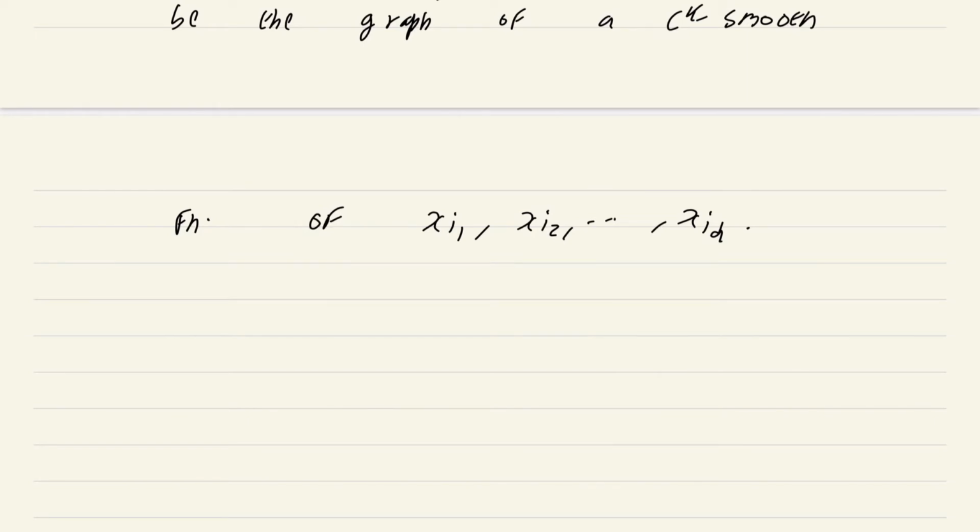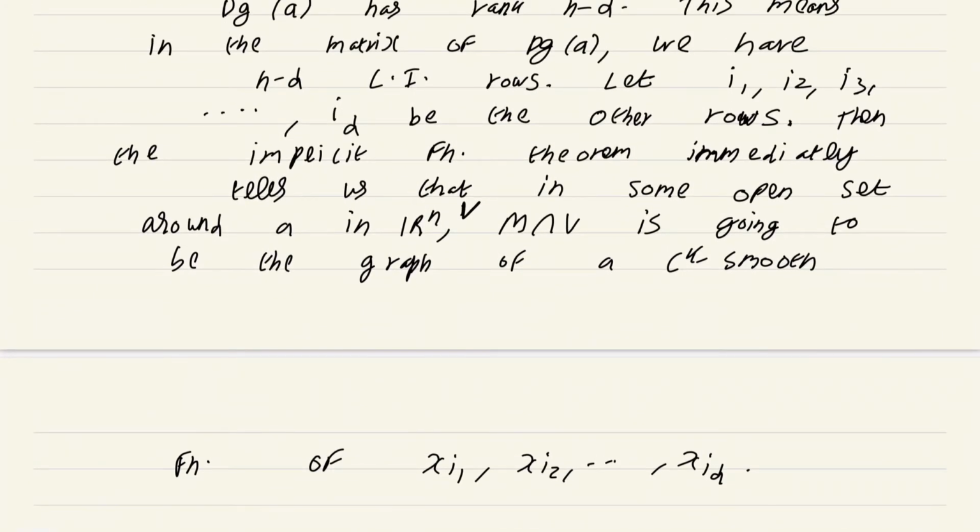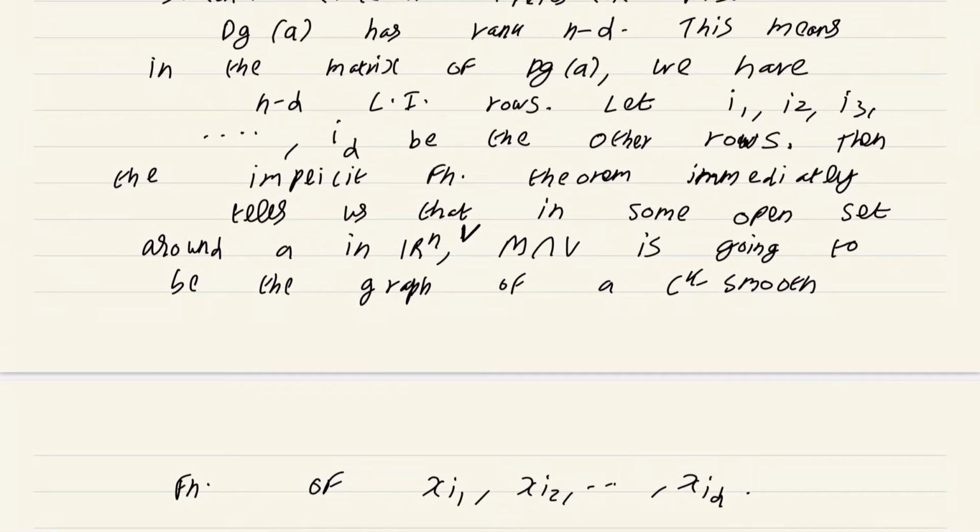This is just a straightforward application of the implicit function theorem, and it's going to be left to you. I must mention, when you take these other rows, you take them in order, because when we said graph, we had defined i1 should be the first, i2 should be the second. They should be in order.